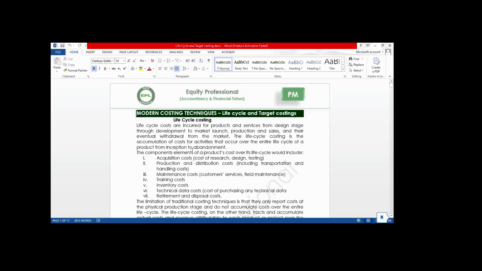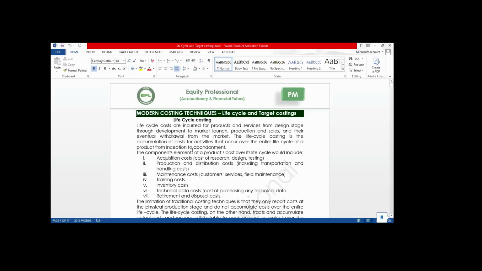The modern manufacturing environments are largely driven by technology. The production processes are highly mechanized and driven by technology, as compared to the traditional costing system.